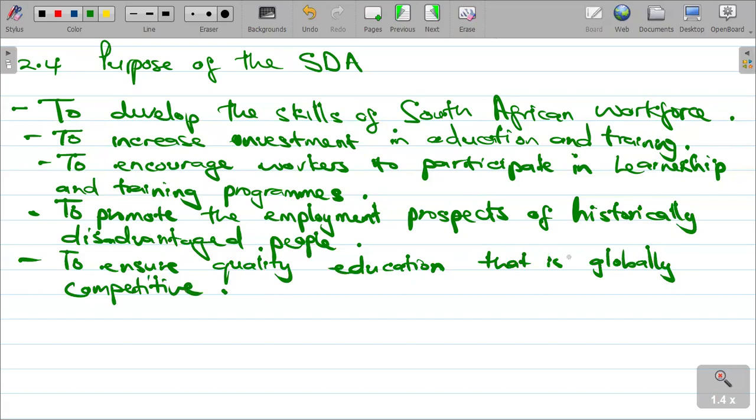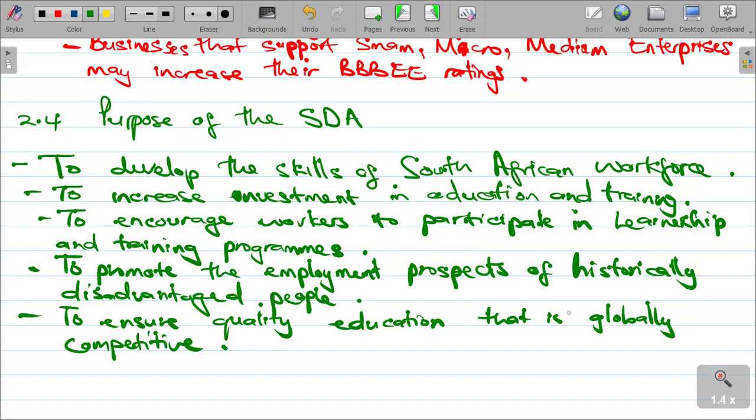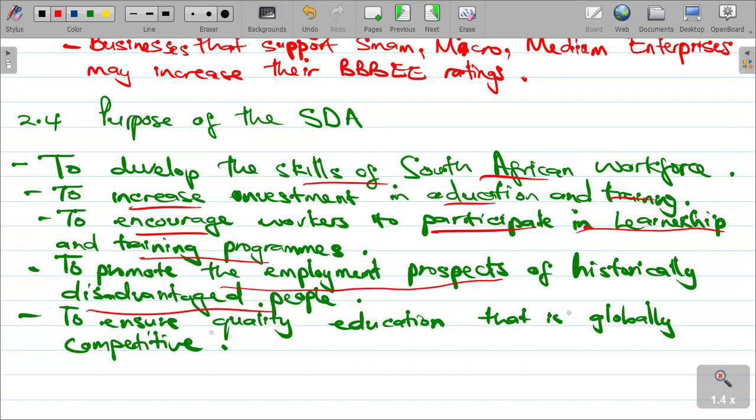Right. So these are the purposes of the Skills Development Act, SDA, right? To develop the skills of South African workers, to increase investments in education and training. It also wanted to encourage workers to participate in learnership programs and trainings to promote the employment prospects of the historically disadvantaged people, right?